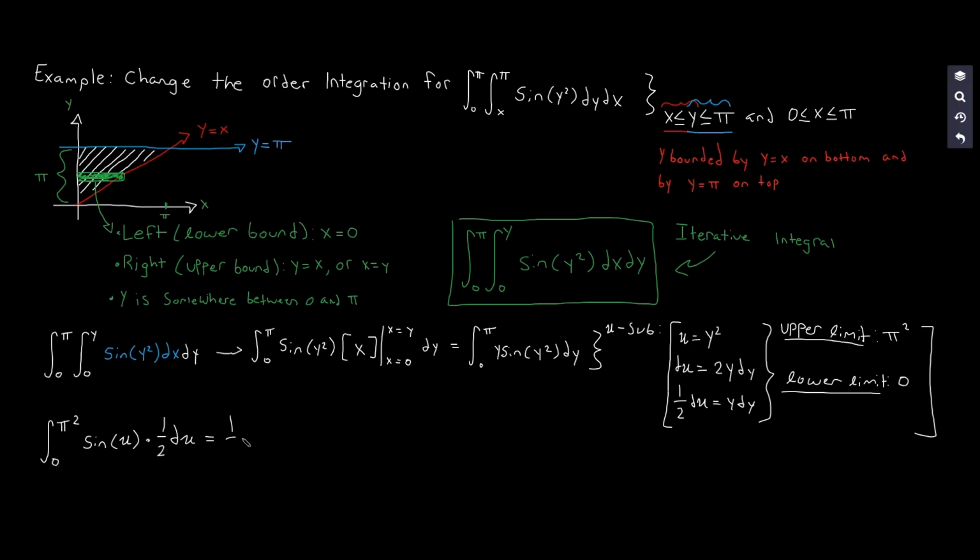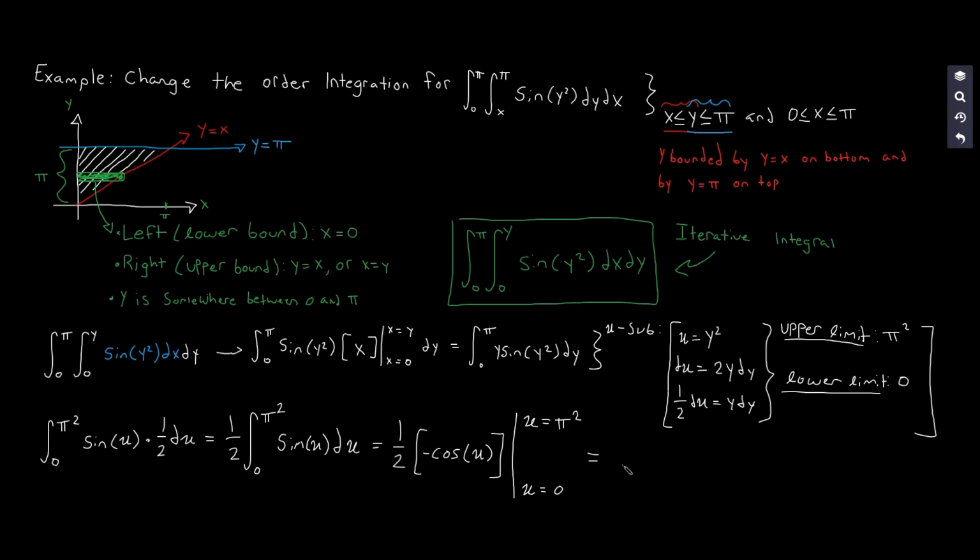And then this is going to be 1/2 times the integral from 0 to pi squared of sine of u du, but then this is going to turn into 1/2 times negative cosine of u, such that u's upper limit of integration is pi squared and the lower limit of integration is going to be 0.